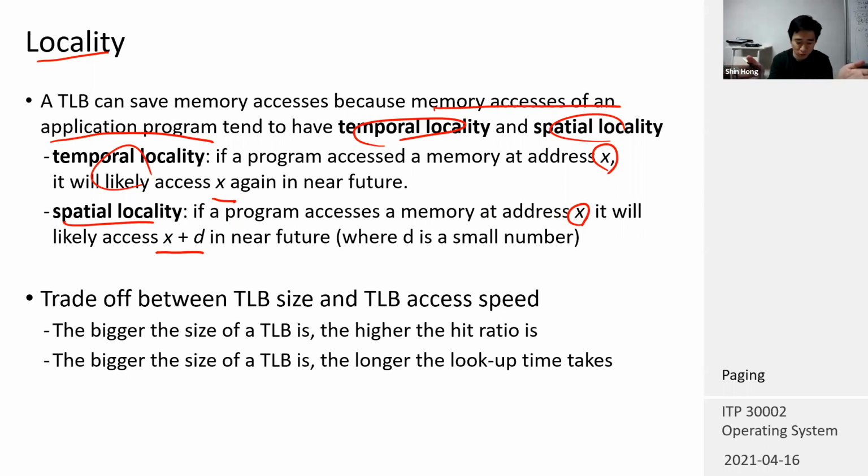The reasons are the same here. If there are 3 variables intensively used in a certain logic, those 3 variables will be closely located in memory. So programs tend to have temporal locality and spatial locality.